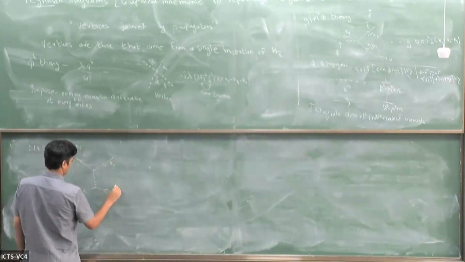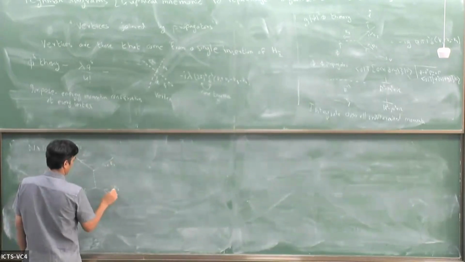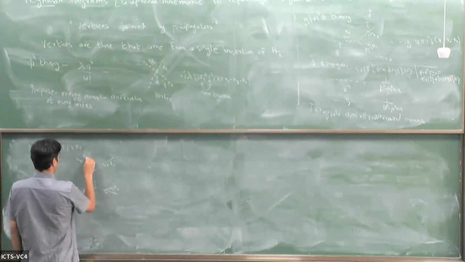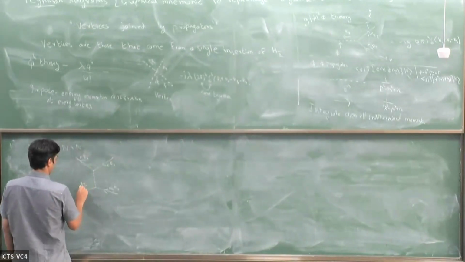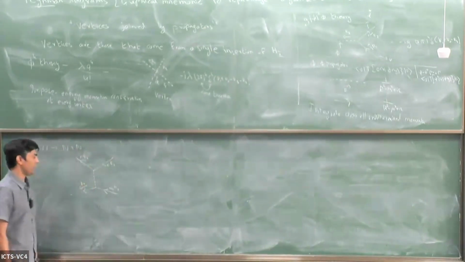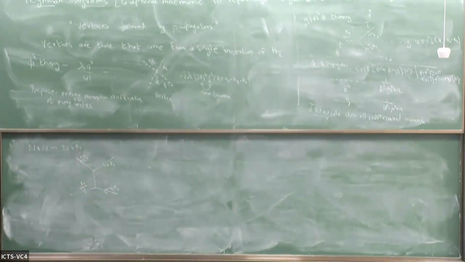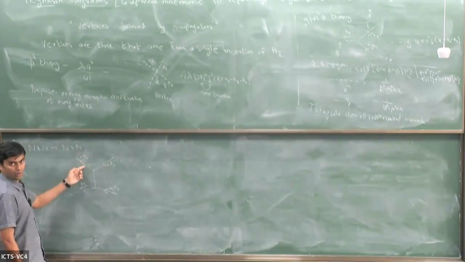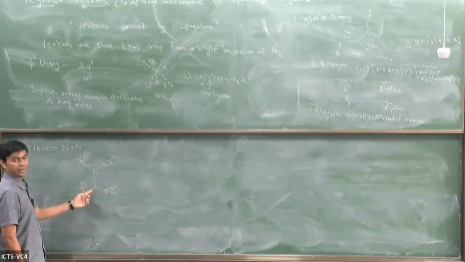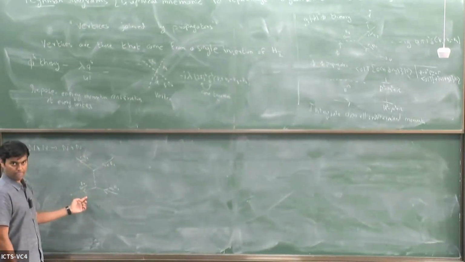K1, K2, K3, K4. Okay, this is one diagram that we can draw. So you have a psi particle that comes in, a psi particle that goes out, a psi particle that comes in, and a psi particle that goes out.